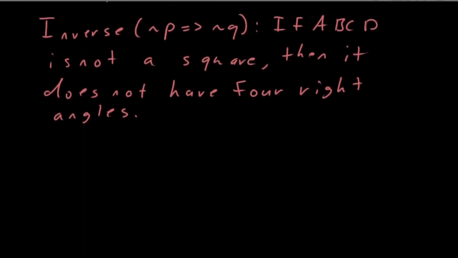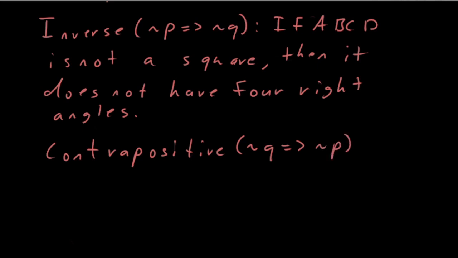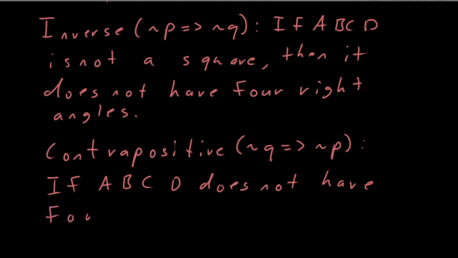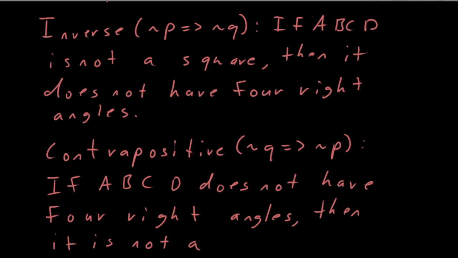Now let's do the contrapositive. Remember, the contrapositive is not Q implies not P. So if ABCD does not have 4 right angles, then it is not a square.